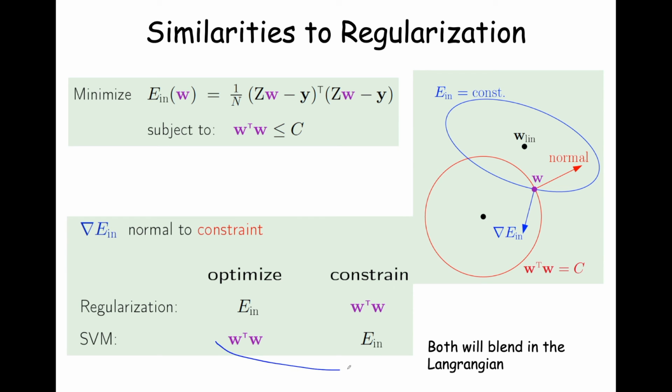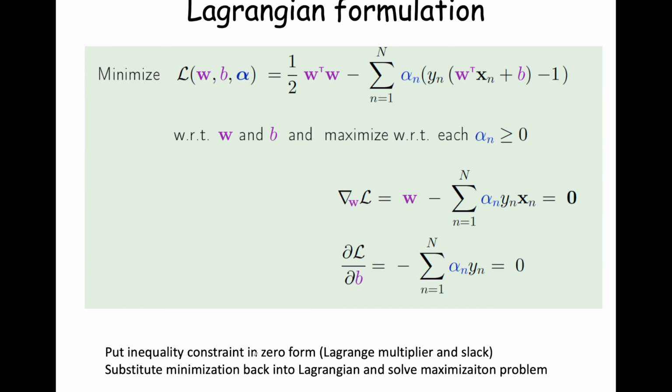Both of these ideas are going to blend together using the Lagrangian, and we'll talk about the Lagrangian in detail. But before that, this is the answer, and we'll fill in the backstory about how we get to this expression. This expression is called the Lagrangian formulation.